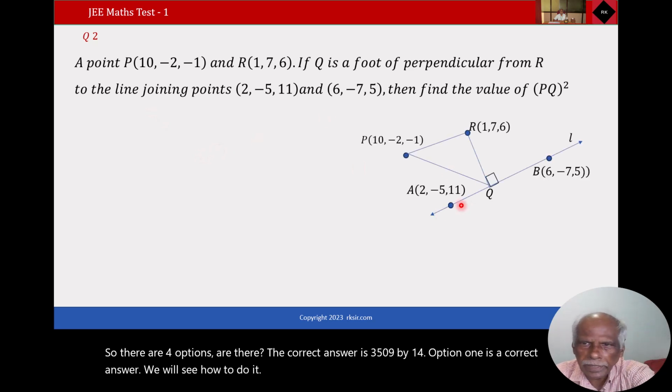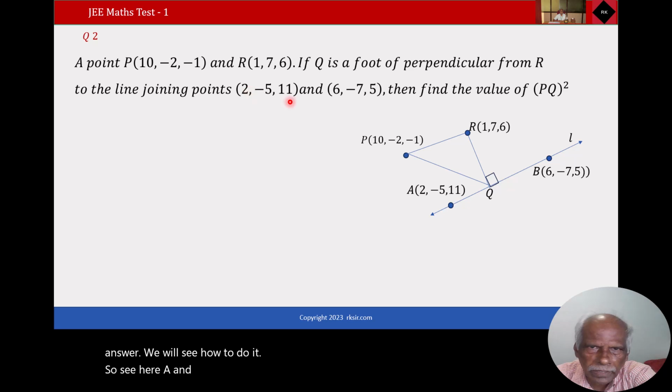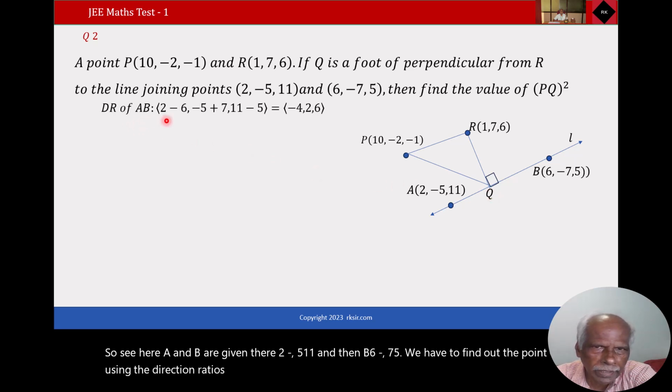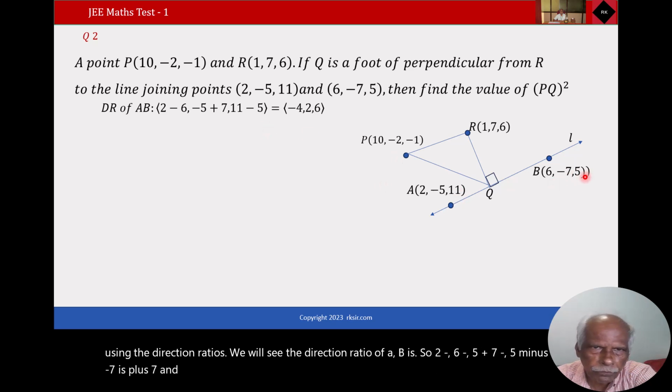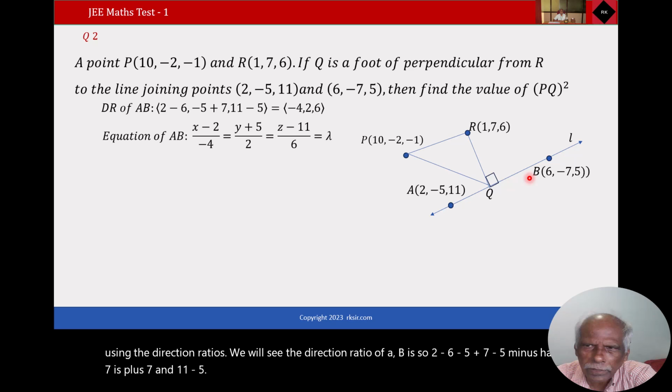See here, A and B are given: A is (2, -5, 11) and B is (6, -7, 5). We have to find the point Q using the direction ratios. The direction ratio of AB is 2 minus 6, -5 plus 7, and 11 minus 5, that is x2 minus x1, y2 minus y1, z2 minus z1.